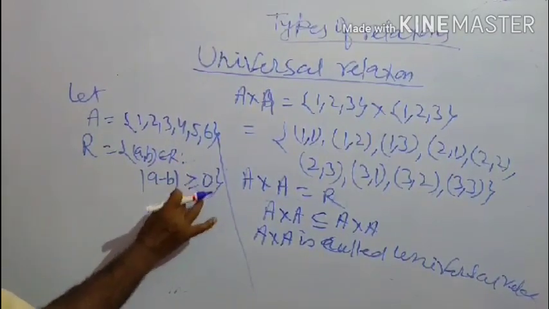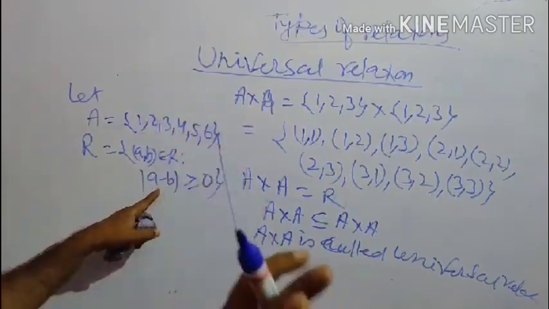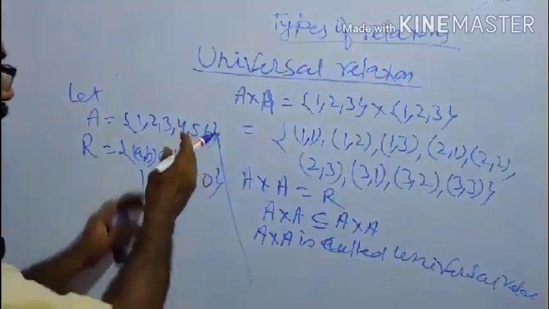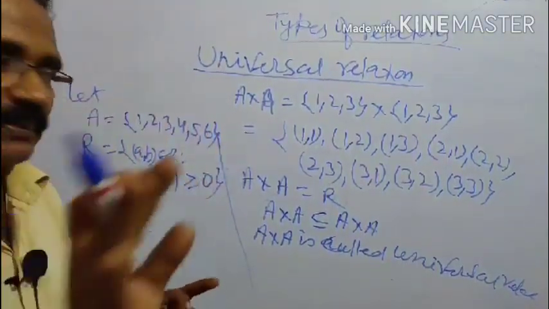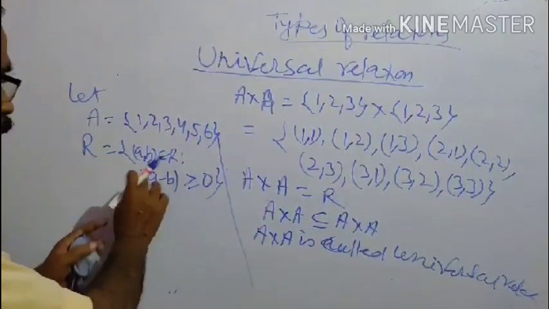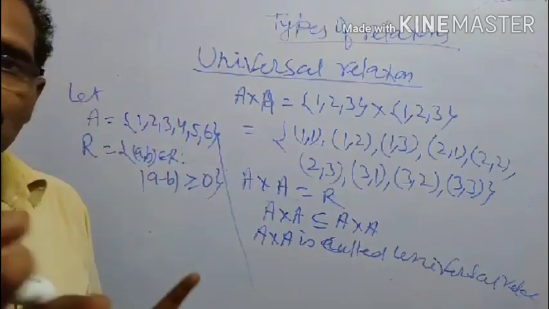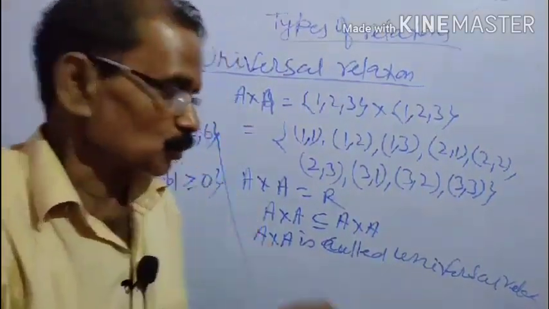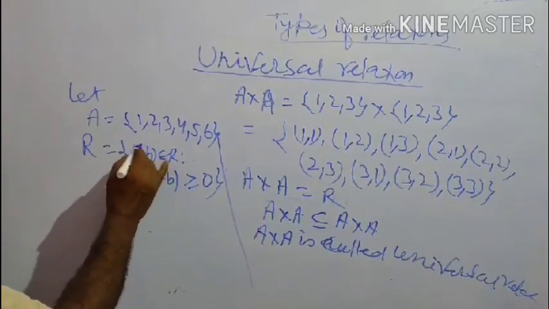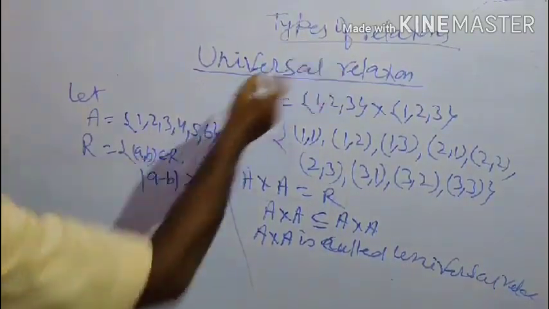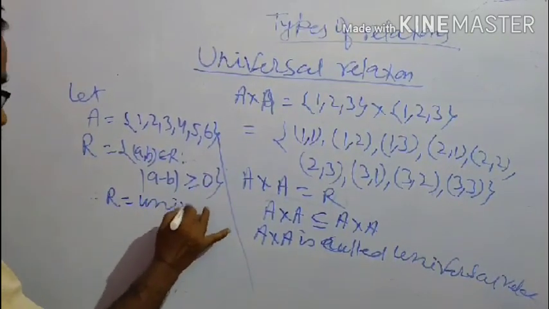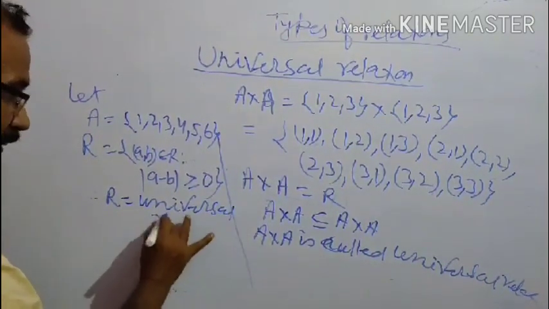So modulus of minus 1 is equal to 1. Therefore 1 is also greater than 0. Any two elements as a and b from A if we take, then the modulus of their difference must be greater than 0. So we can say that this is also a universal relation. Therefore R is equal to universal relation.